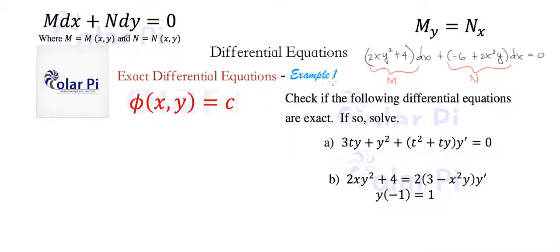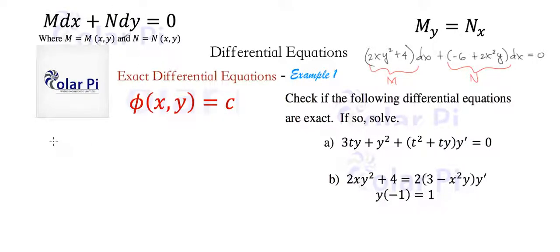Remember, if you watch example 0, and you should, it will add an incredible amount to your understanding, so I really encourage you to watch example 0. If you watch example 0, you'll see that our solution is some function phi of xy equaling a constant, where if we take the derivative of this equation, phi of xy equaling c, on both sides, that's where we get this form, m dx plus n dy.